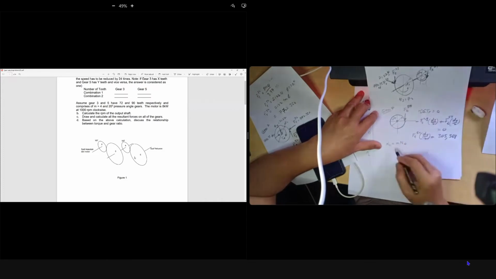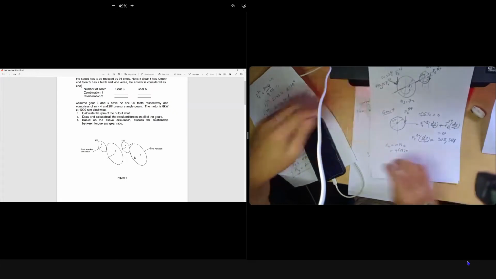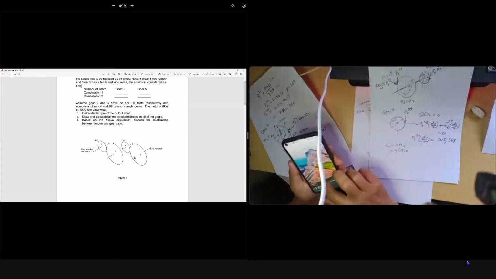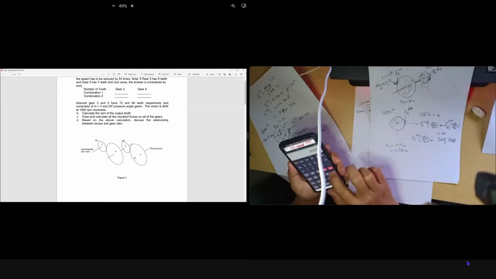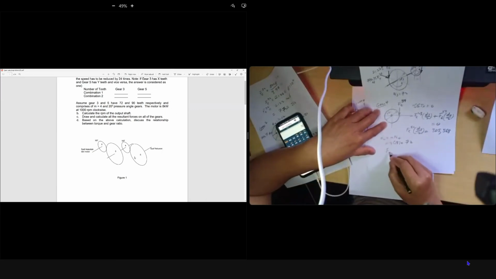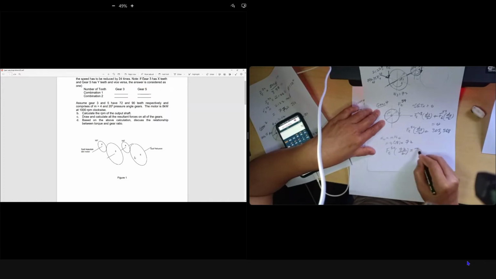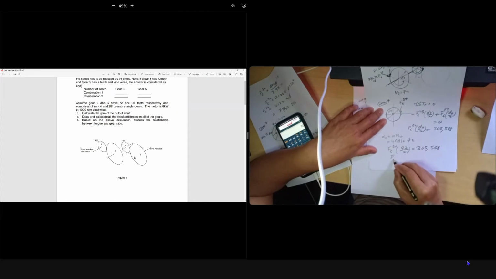Number of teeth 4 is 18. 4 times 18 is 72 millimeter. So F tangent 5 to 4 times 72 over 2 equals 305,568. So F tangent 5 to 4 equals how many Newtons?